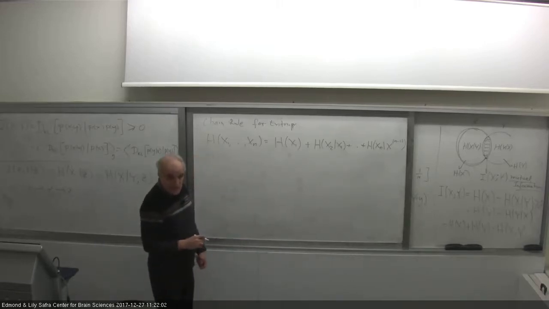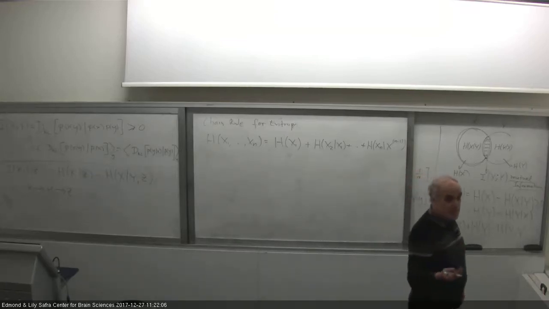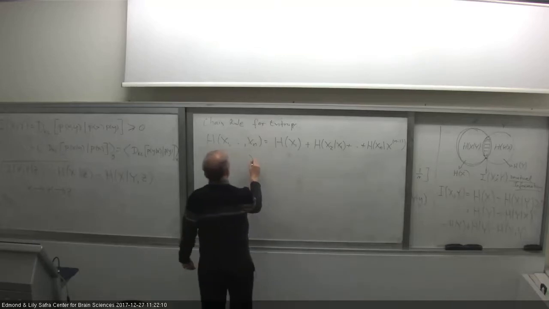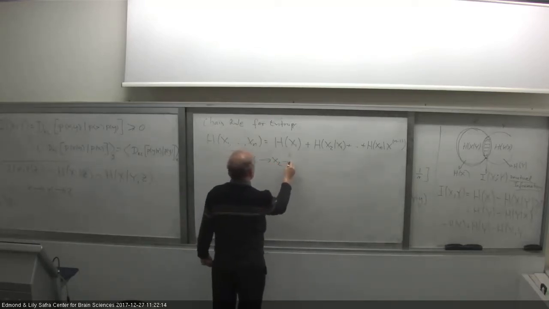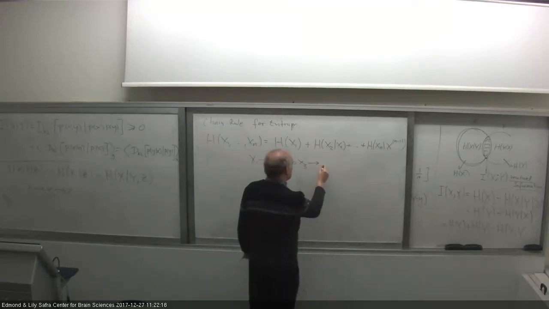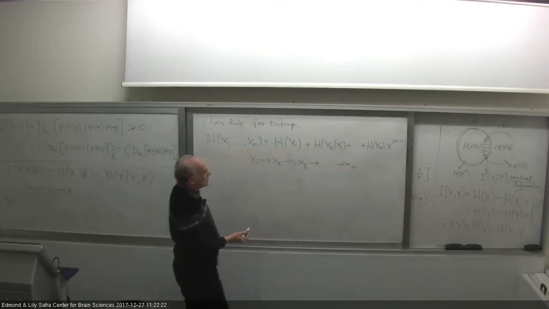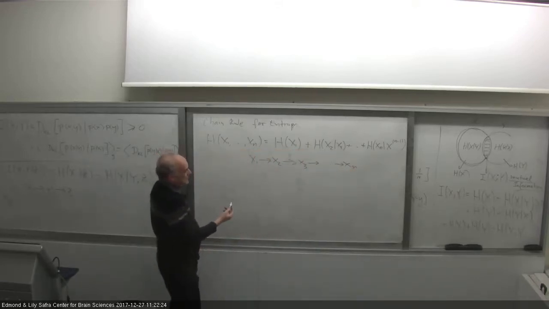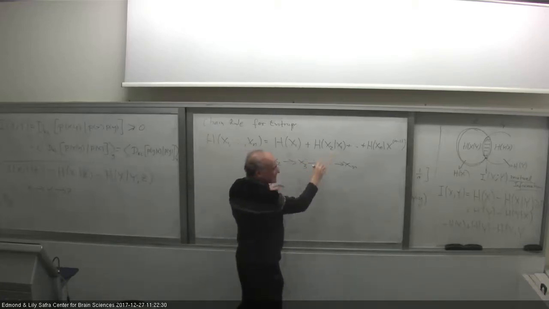Now, it becomes interesting if there are some special dependencies of the variables. So for example, if there is a Markov chain here, so x2 depends only on x1, and x3 depends only on x2, and so on. So if I have a Markov chain, then what I know is that the entropy of x2 depends on x1, so this is important.